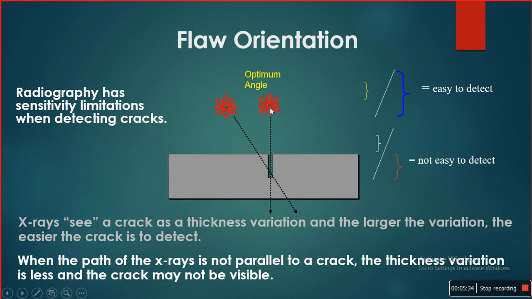Here, as the flaw is exactly parallel to the orientation of the source, we get its exact details. Suppose the flaw is not properly oriented during the examination, we can't get the exact details of the flaw which is present inside the component.